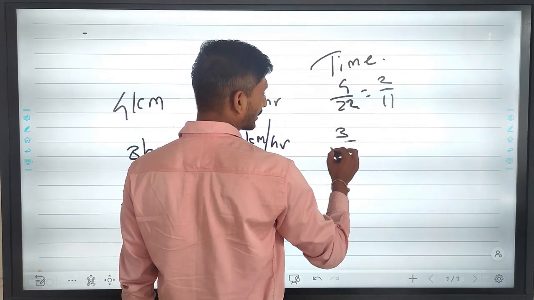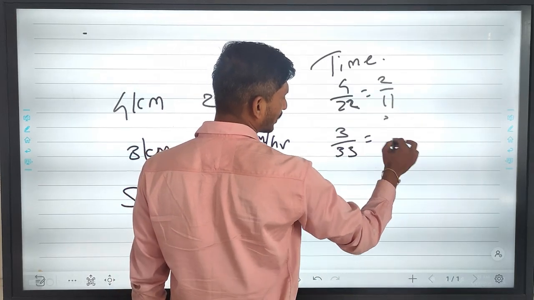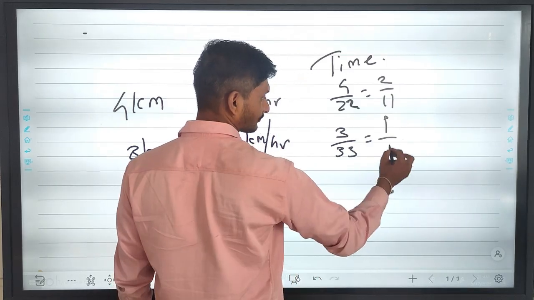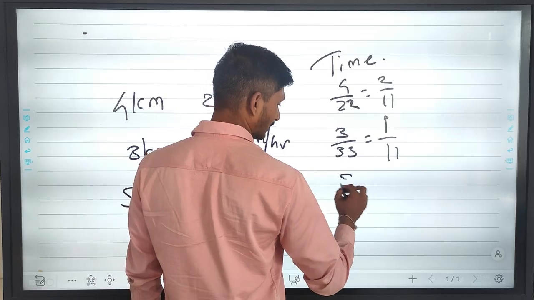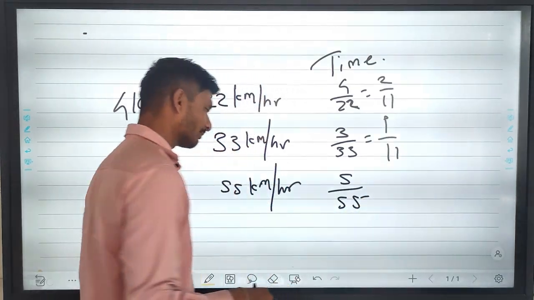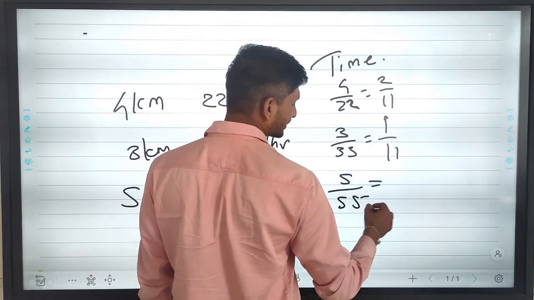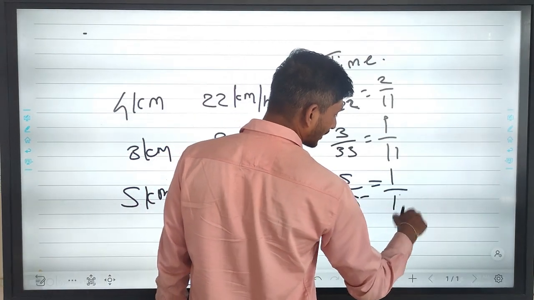Then 3 divided by 33 is 1 by 11. And the remaining 5 km at 55 km per hour takes 1 by 11.